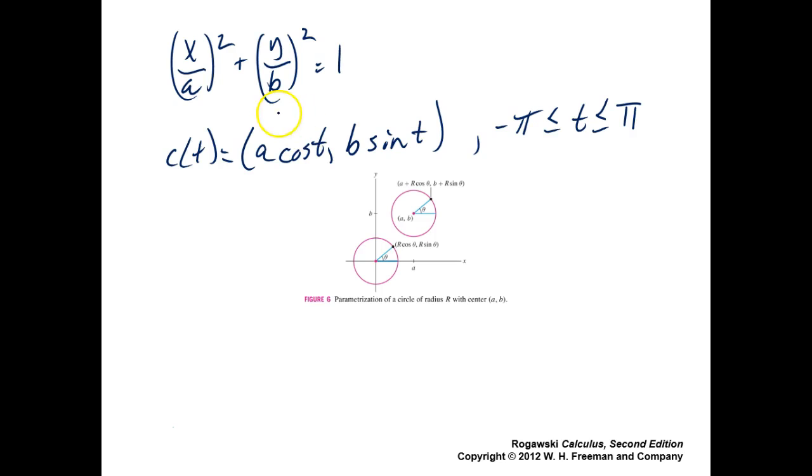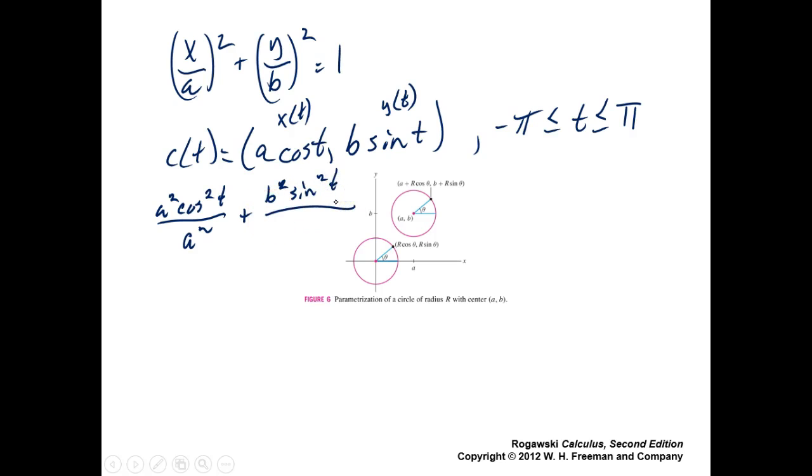So let's do it. This is your x of t. This is your y of t, right? And let's do what they told us up here. You're going to square that, right? That'd be a squared cosine squared t over a squared, plus, and when you square the y, you get b squared sine squared t over b squared, equal 1, okay?